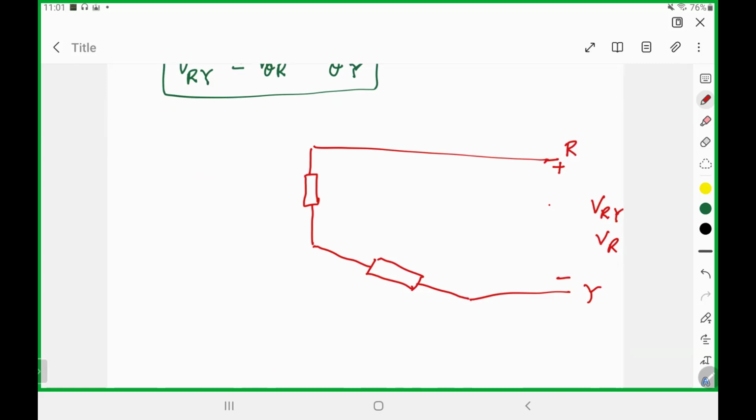You can do either, but you have to think carefully about what you have assumed and how it will behave. So in this polarity, if you consider that I have connected a voltage source here, this current will come from the positive terminal and go in this direction, right?